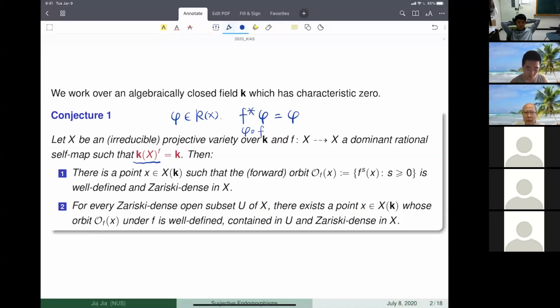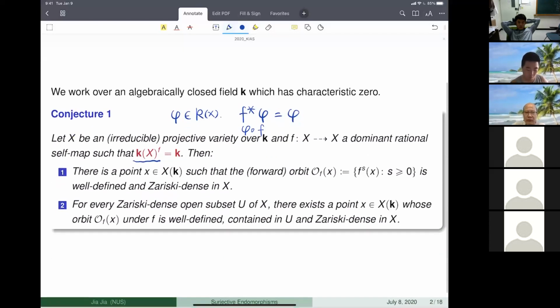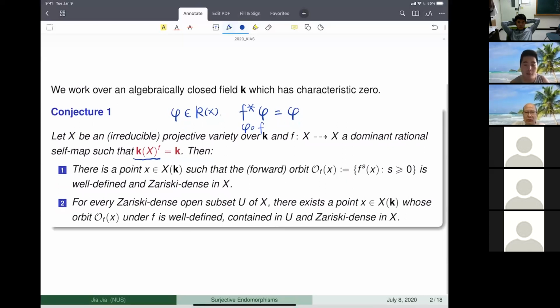So we extend the conjecture to 1.2. It's a strong form of the first one. For every Zariski dense open set U of X, there exists a closed point whose orbit is well defined, contained in U, and Zariski dense in X. The conjecture 1.2 is birationally invariant. And we will see this later.